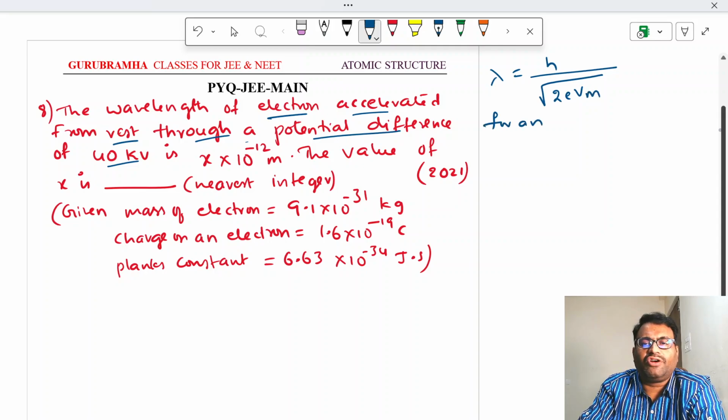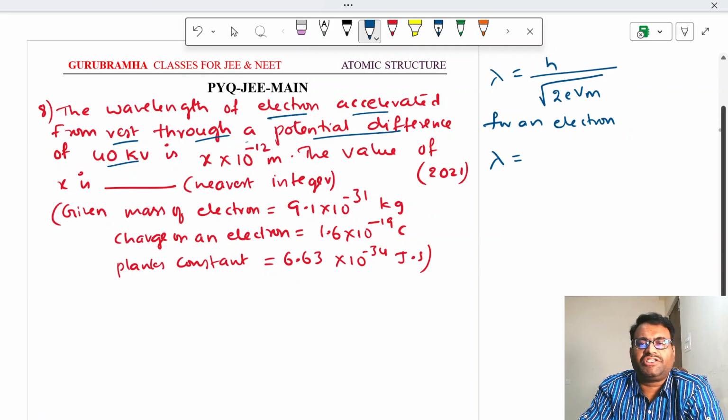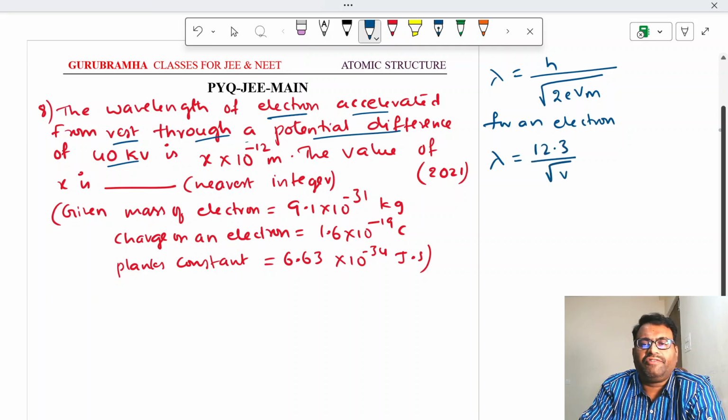For an electron, after substituting this h, e and m, we will have a formula: 12.3 by root V. This lambda will be in angstrom units.